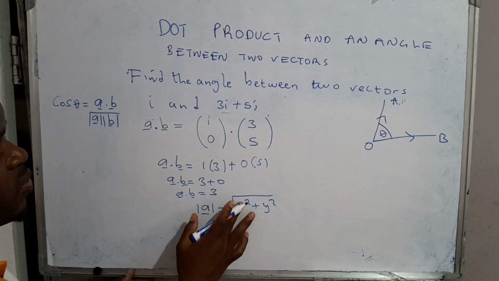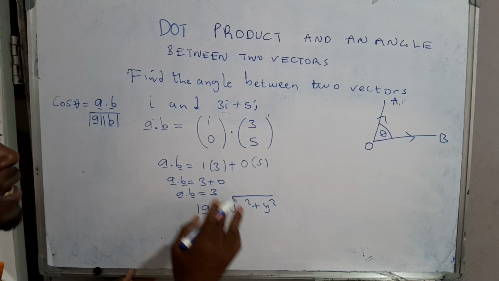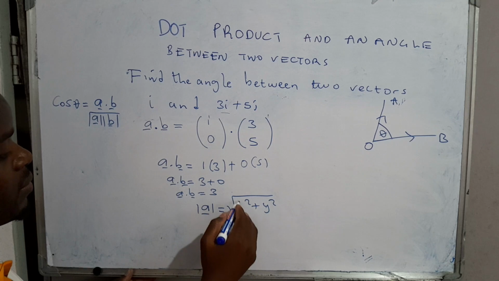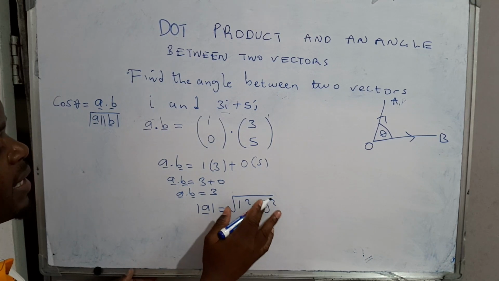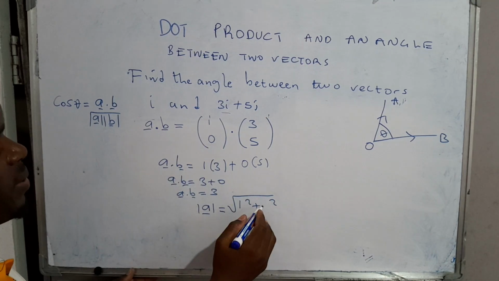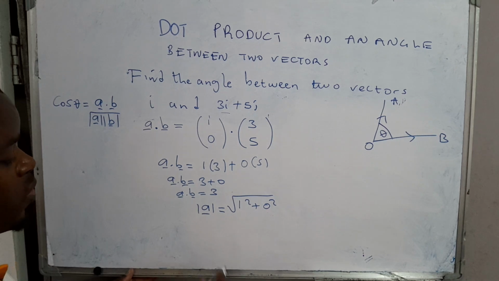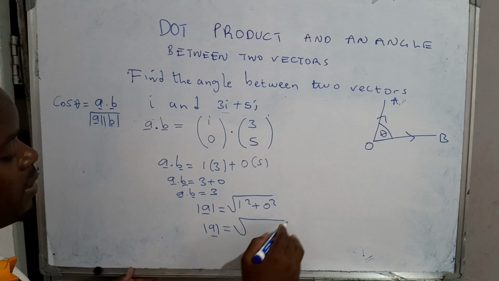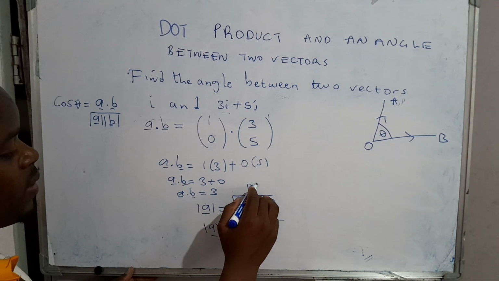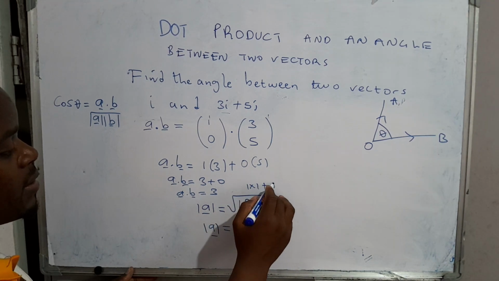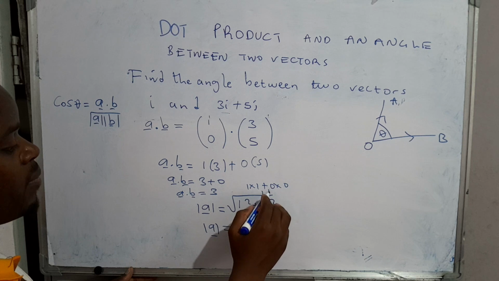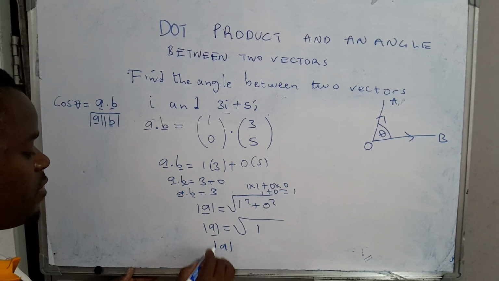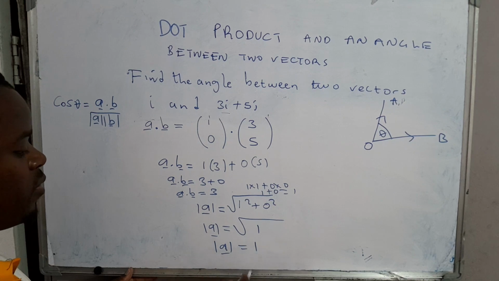We have 1 squared plus the j component, which is 0, so it has to be squared. This will be 1 times 1 plus 0 times 0. That will be 1 plus 0, which is equal to 1. So the magnitude of vector A is equal to 1.